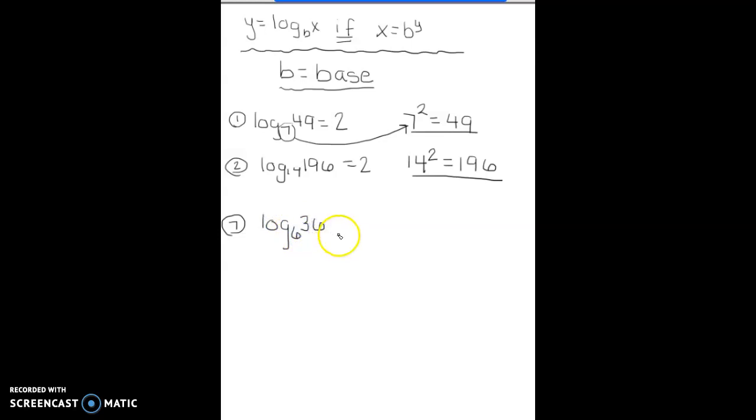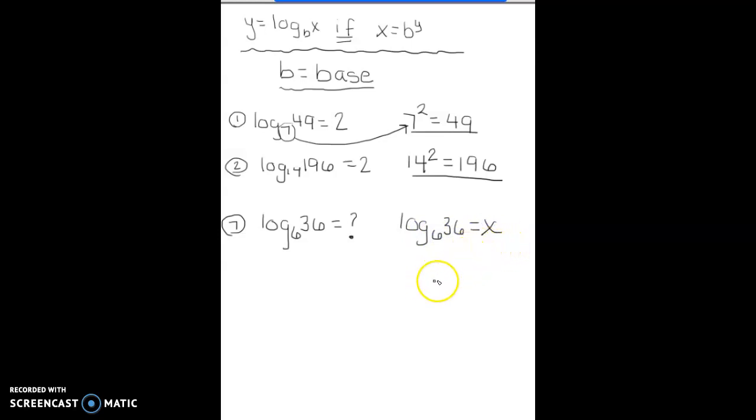So notice something's missing. The equals something is missing. So we really just put that in as a placeholder, and we know that every time we have a placeholder, we can make a variable out of it. So log base 6 of 36 equals what? A variable.